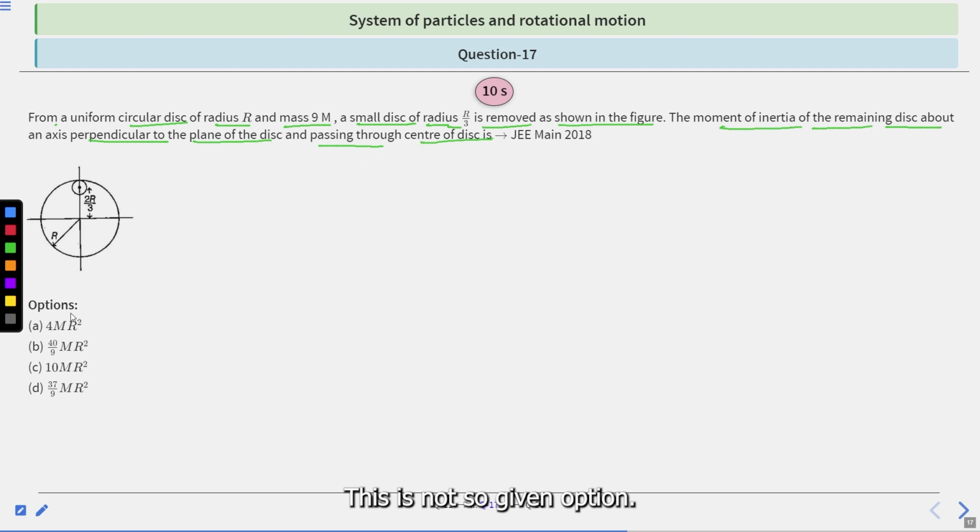So the given options are: option A is 4 mr square, option B 40 divided by 9 mr square, option C 10 mr square, and option D 37 divided by 9 mr square. So which option is correct? You have 10 seconds to solve this question. After 10 seconds, we will provide the solution. Clear?